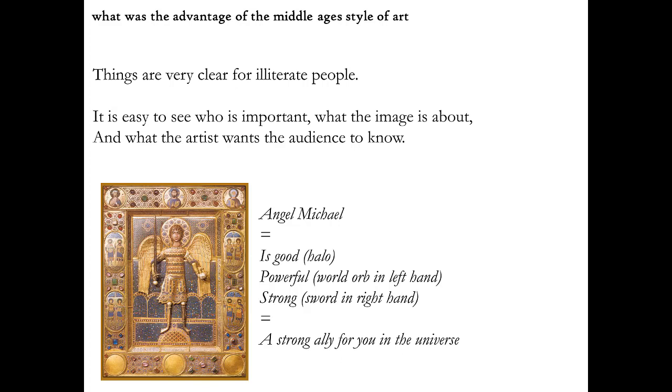What is this icon telling you? That Michael is a strong ally for you in the universe. Michael is good, powerful, and strong, worthy of your prayers, can help you in life. So do you pray to Michael? Yeah. Why wouldn't you? Michael is good, powerful, and strong. That's what this icon is showing you.